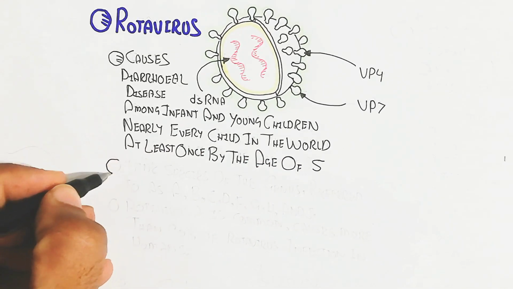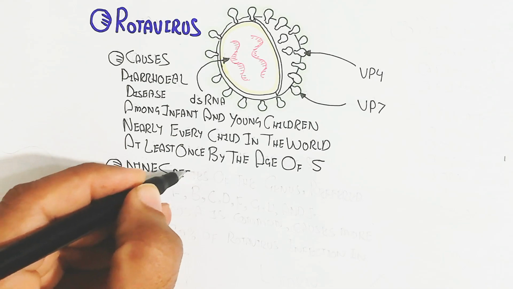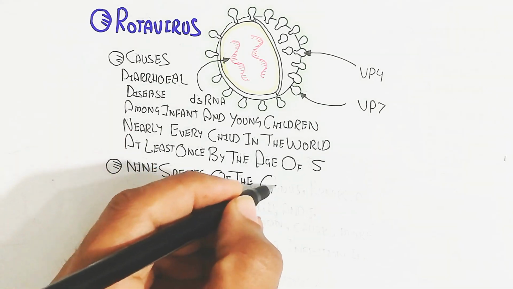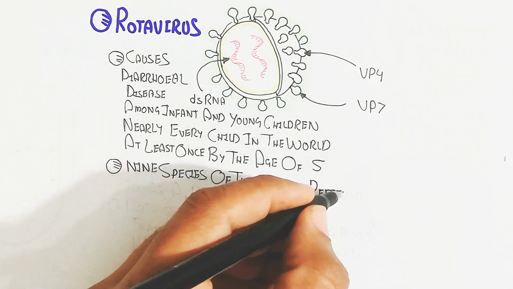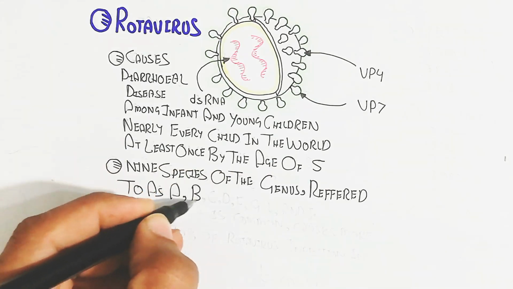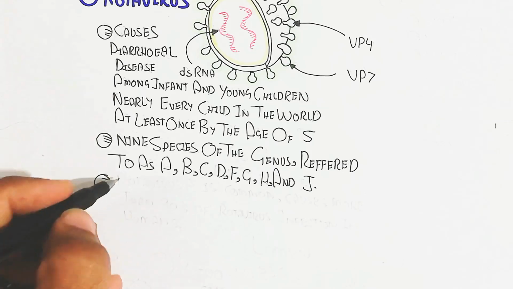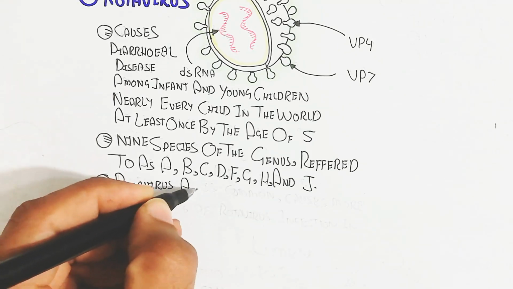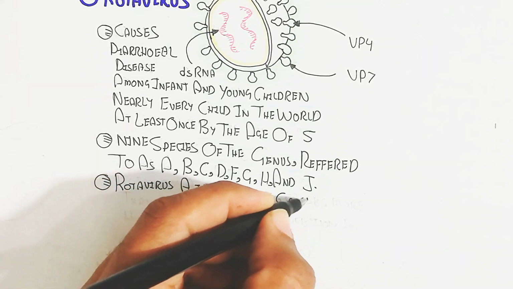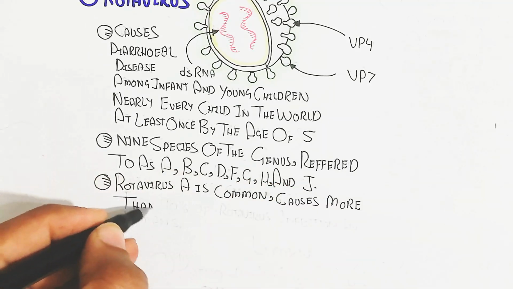There are 9 species of the genus, referred to as A, B, C, D, F, G, H, and J. Rotavirus A is common and causes more than 90% of rotavirus infections in humans.